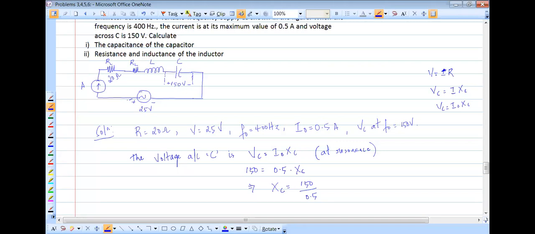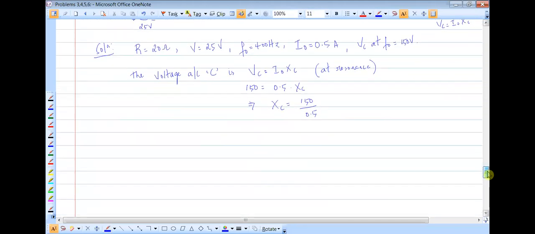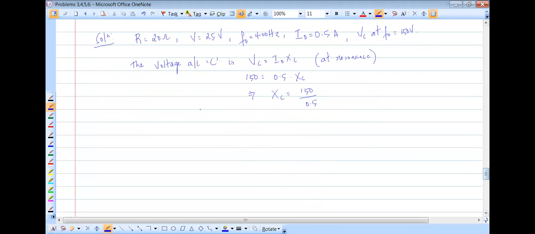What is asked to be found out? We have to find C. How can I express XC in terms of C? This is one equation we have got. What is XC given by?